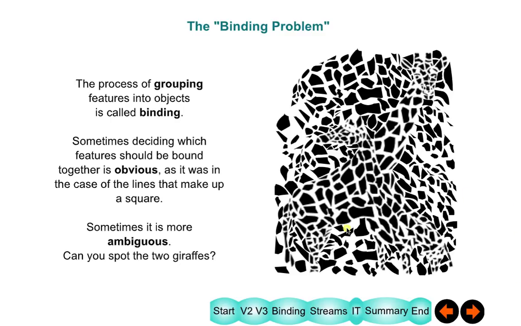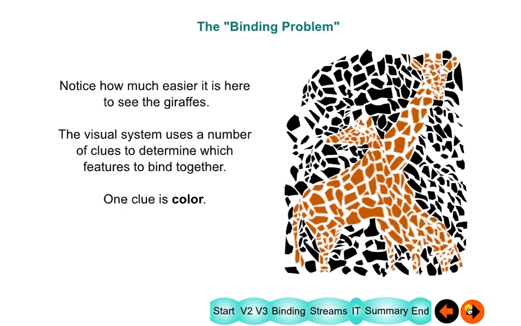So over here, what is this? Well, if you look carefully, you might see something, you might see that maybe this is a head of something, and this is another head, and maybe this is a body of something, and maybe this is another body. Can't quite tell, but you can tell now, okay?